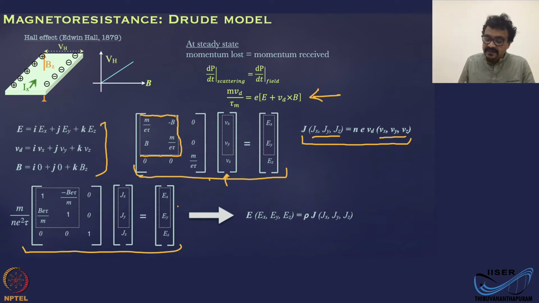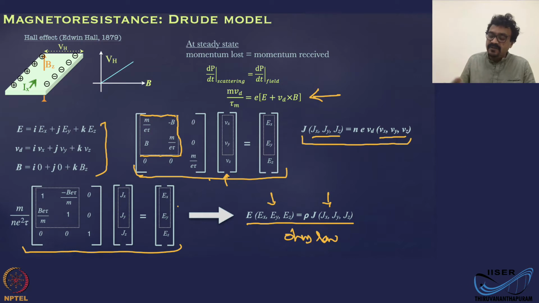And this is basically equal to the formalism E is equal to rho into J, that is the Ohm's law. Where rho is nothing but the resistivity, J is the current density, and E is the electric field.